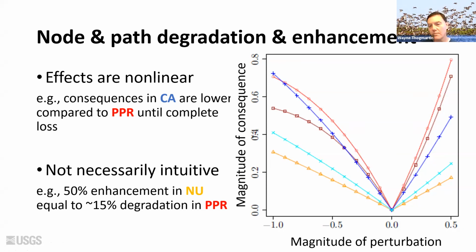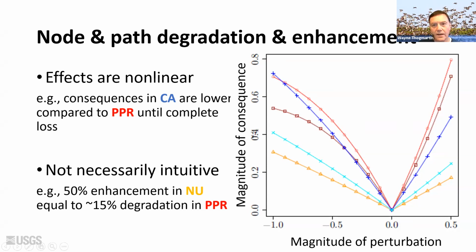So you can imagine climate change operating such that the northern portions of Canada are improving for waterfowl, whereas the prairie potholes might be diminishing. It's that trade-off: is the north growing in quality for waterfowl at a greater rate than the historical areas of occurrence are degrading? We can evaluate those consequences through this kind of modeling approach.